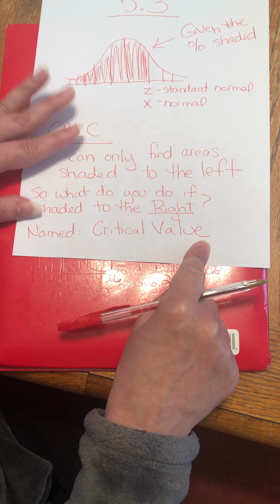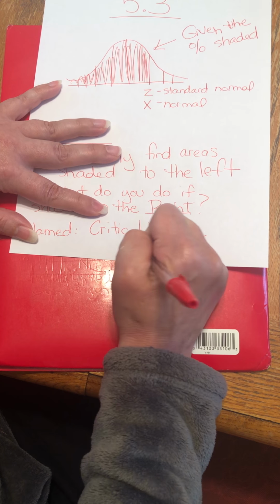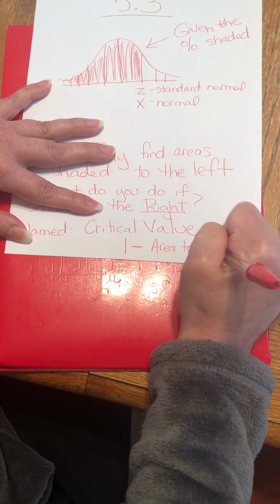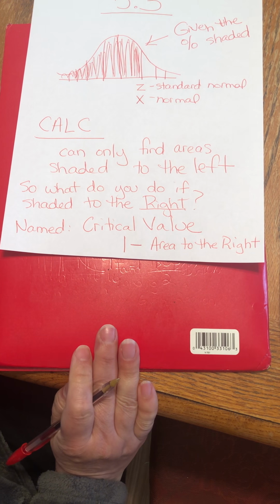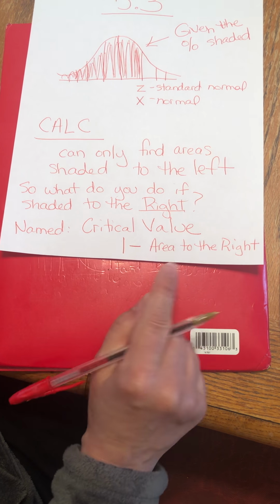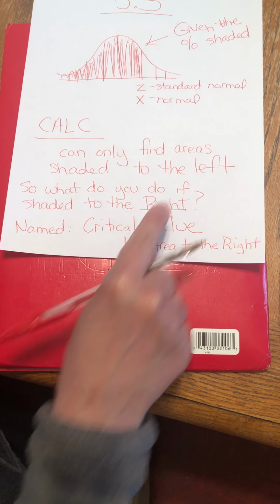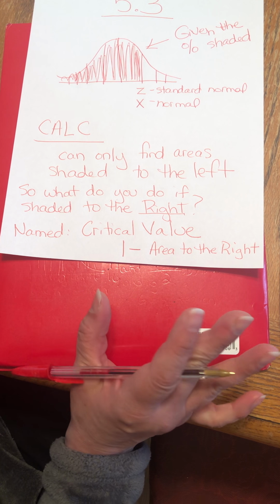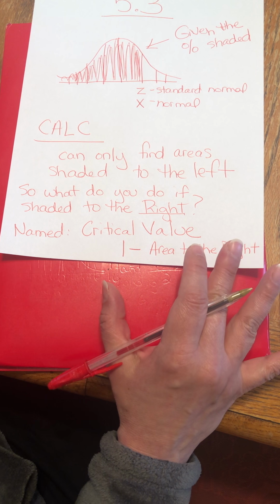And to find the area to the left, you're going to do 1 minus the area to the right. Whenever you have a critical value, you have to do 1 minus the area to the right. And that's how you turn a critical value to the left. We will be doing some examples of these. I know it makes no sense right now. Just be patient and we'll get some examples.